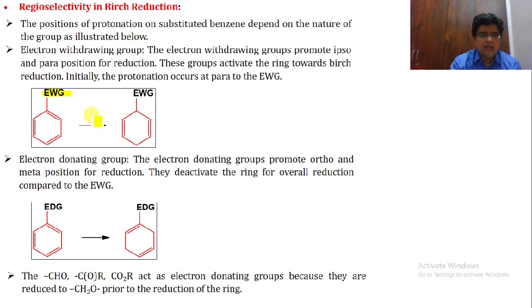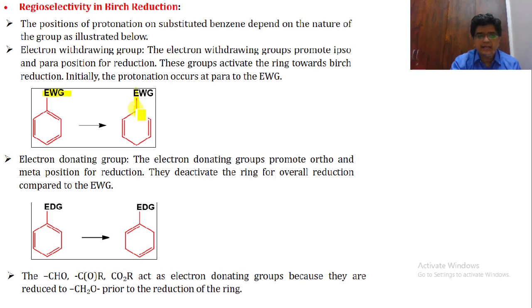Now when it undergoes Birch reduction, in the presence of sodium, liquid ammonia and C2H5OH, it will form a 1,4-dihydrobenzene. But one of the most important things you have to remember is that this electron withdrawing group will be attached towards the sp3 carbon.